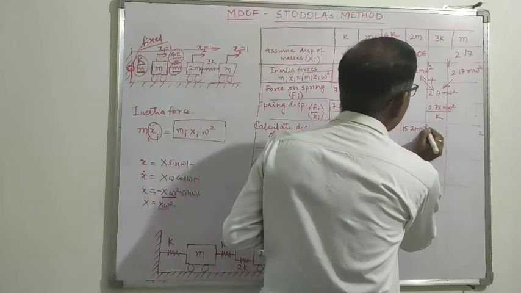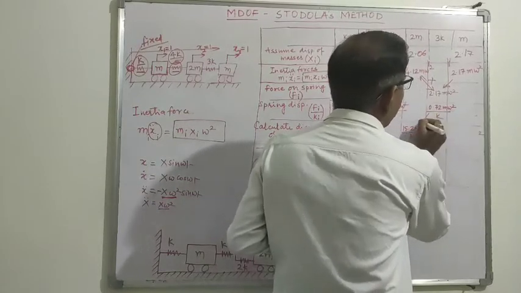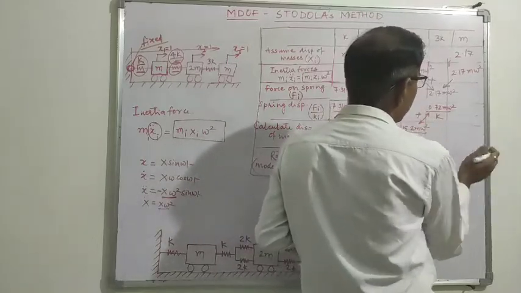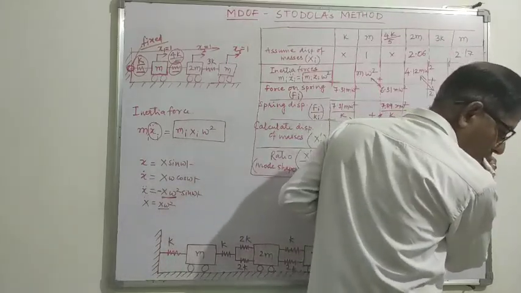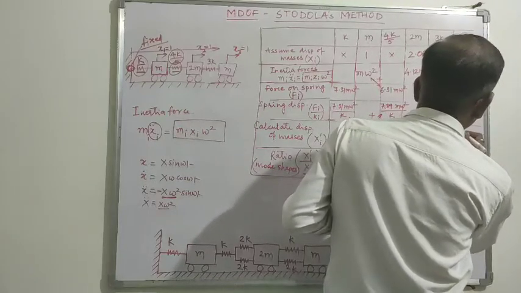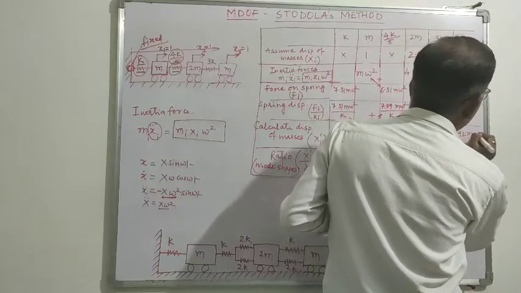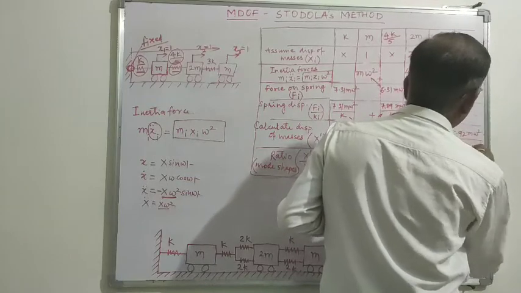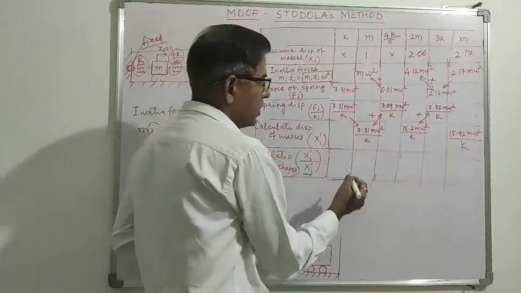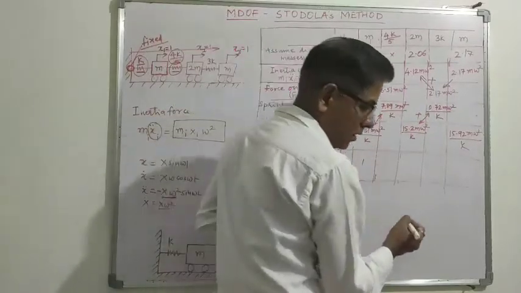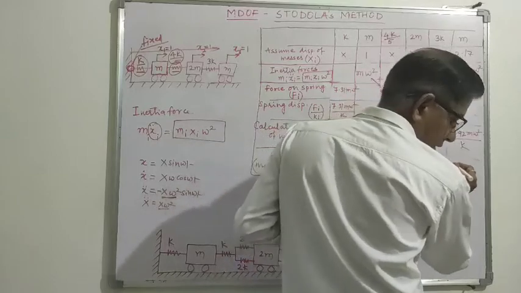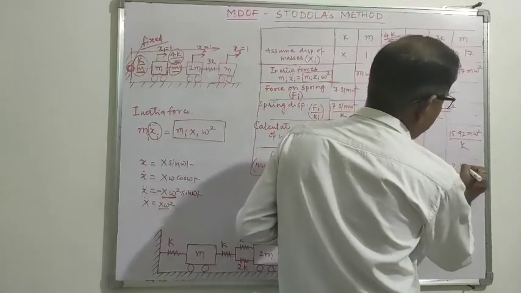m omega square by k, and these two values are added together to find out the displacement of the third mass. So that is equal to 15.92 m omega square by k. Now if you find out the ratio for the mode shapes, then it will be 1, it will be 2.07, and this is 2.18.